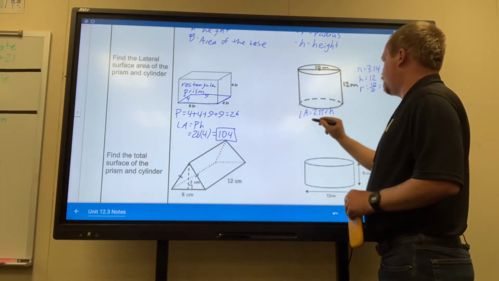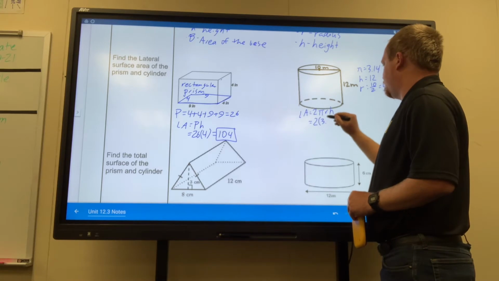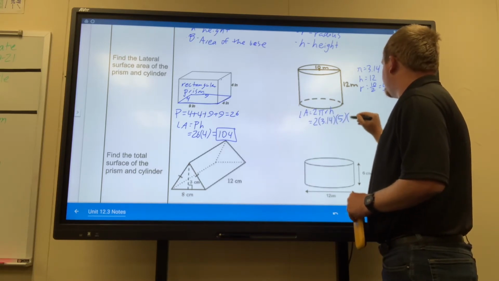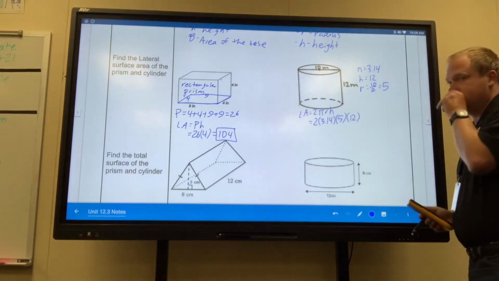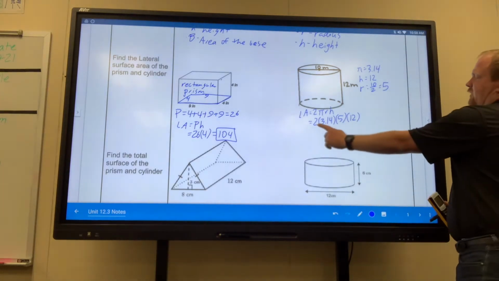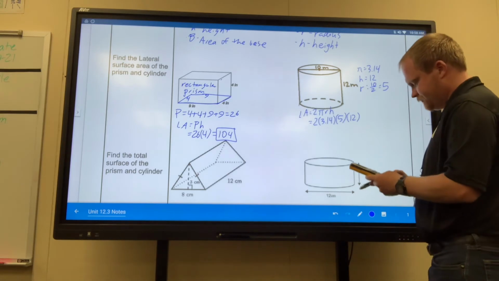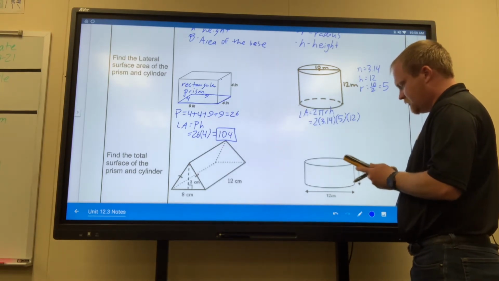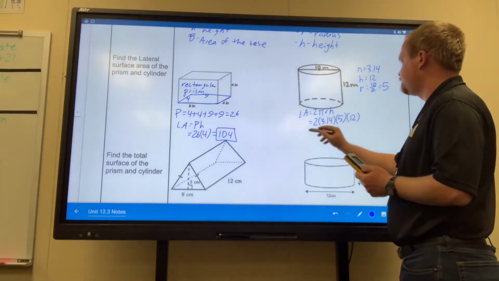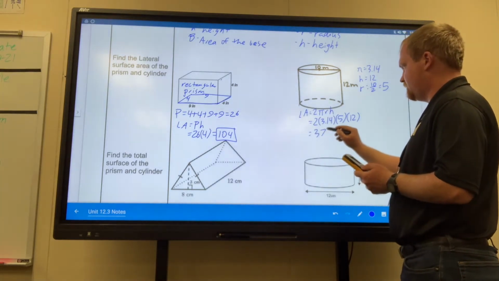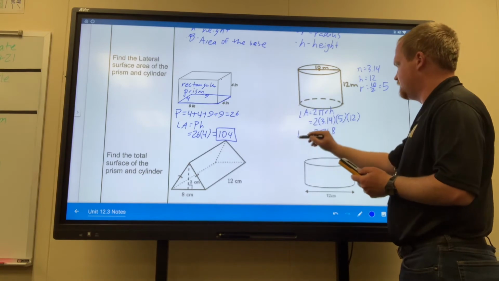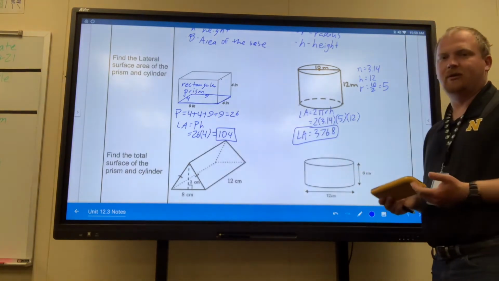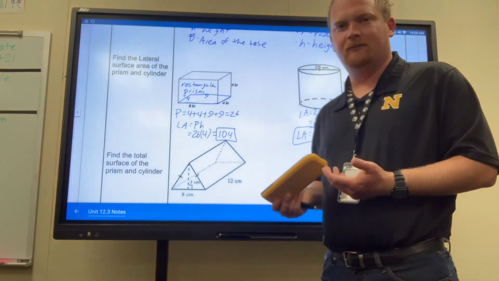So I can replace pi with 3.14, r with 5, and h with 12. Multiplying all that across gives 376.8, and that gives me my lateral surface area.